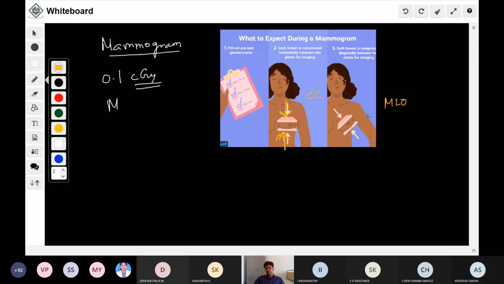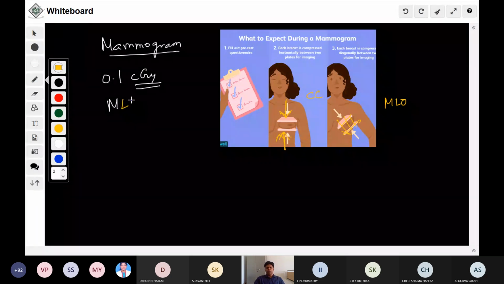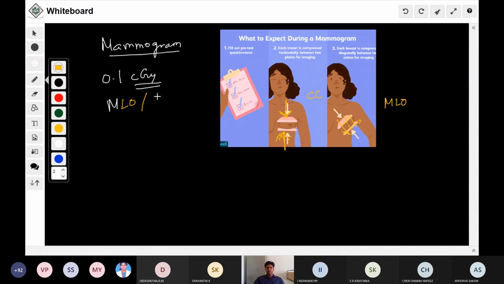You can see the plate is kept one on the medial and another on the lateral aspect, in an oblique view. These two views are essential while taking a mammogram, the common views.